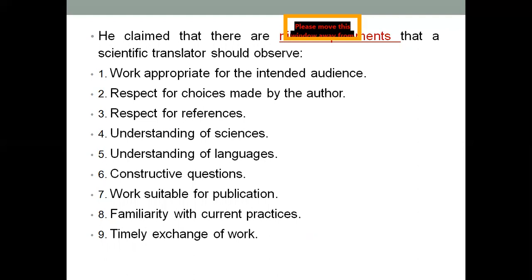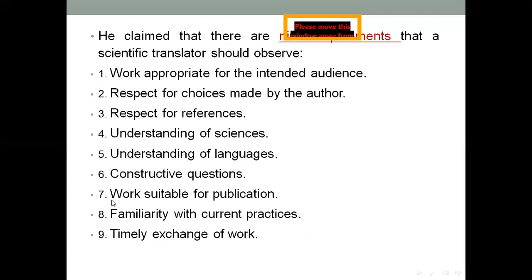Scientific translators must understand the scientific explanations and scientific discoveries, I mean scientific theories, in their source language before translating them into the target language.